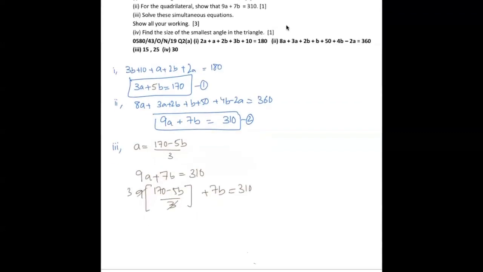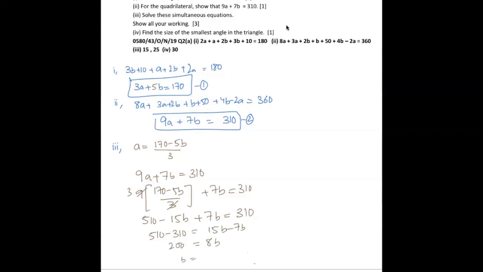You can simplify this down. 170 times 3 is going to be 510. 3 times 5 is 15. Simplify this further. So 510 minus 310, 15b minus 7b. So that's 200. 15 take away 7 is 8.